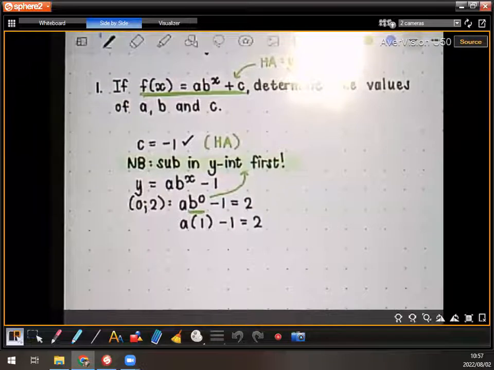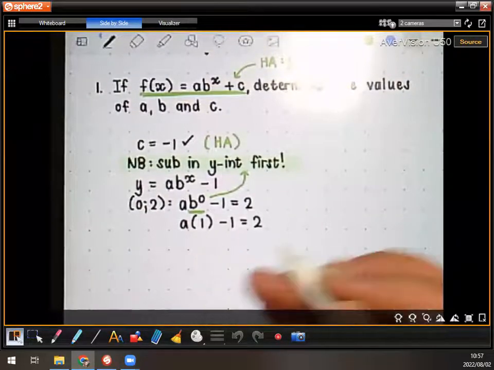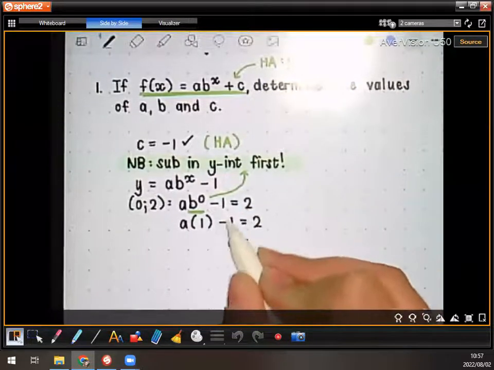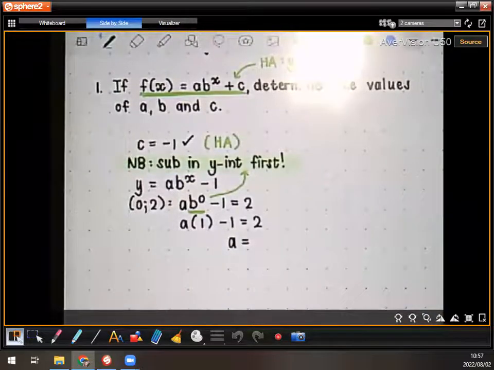How many variables do I have now? Just 1, right? By putting b to the power of 0, I have actually gotten rid of 1 of the 2 variables that I had. So now we can just say a times 1 obviously is just a. So that is going to be equal to 2, and then this minus 1, when I move it, is going to become plus 1. So 2 plus 1 is 3.